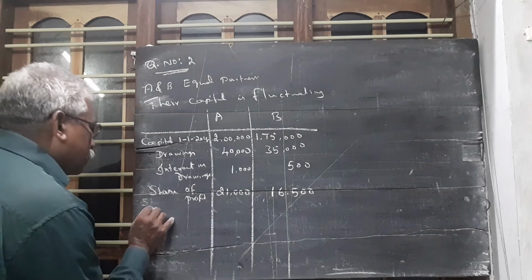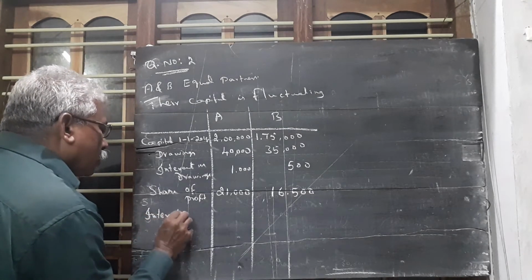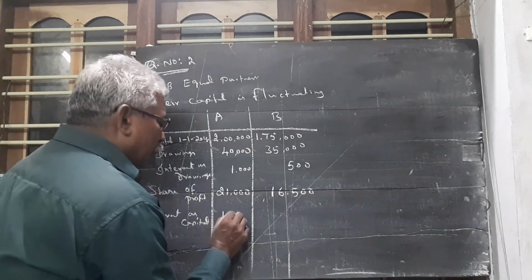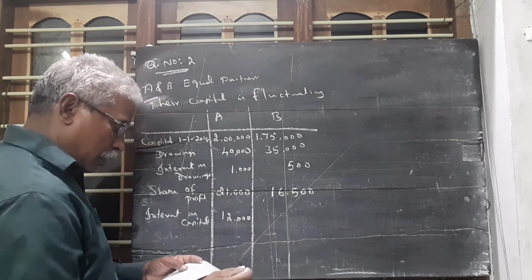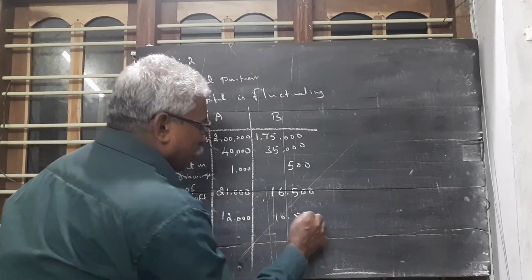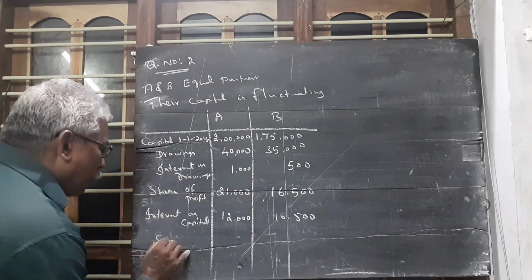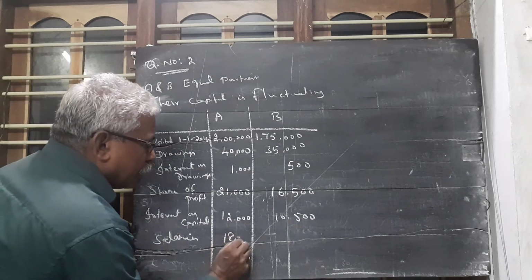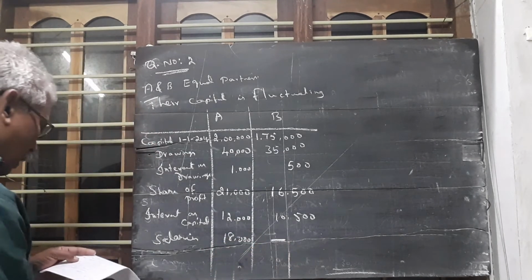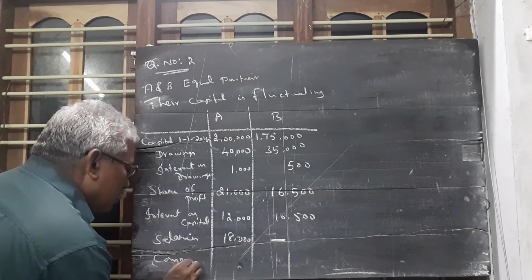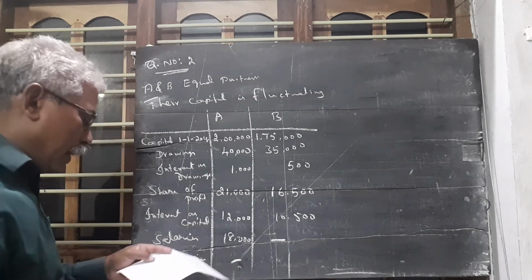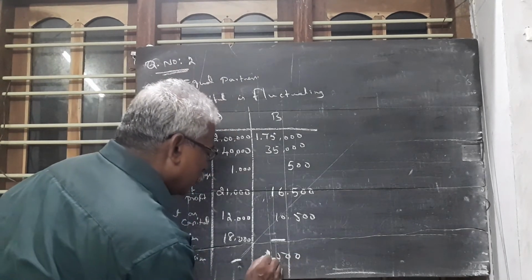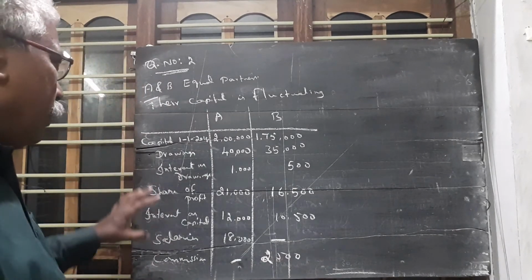Then interest on capital: 12,000 for A, 10,500 for B. Salaries, only A is entitled to get a salary of 18,000. Commission, only B is entitled to get a commission of 2,500. These are the information given in the question.